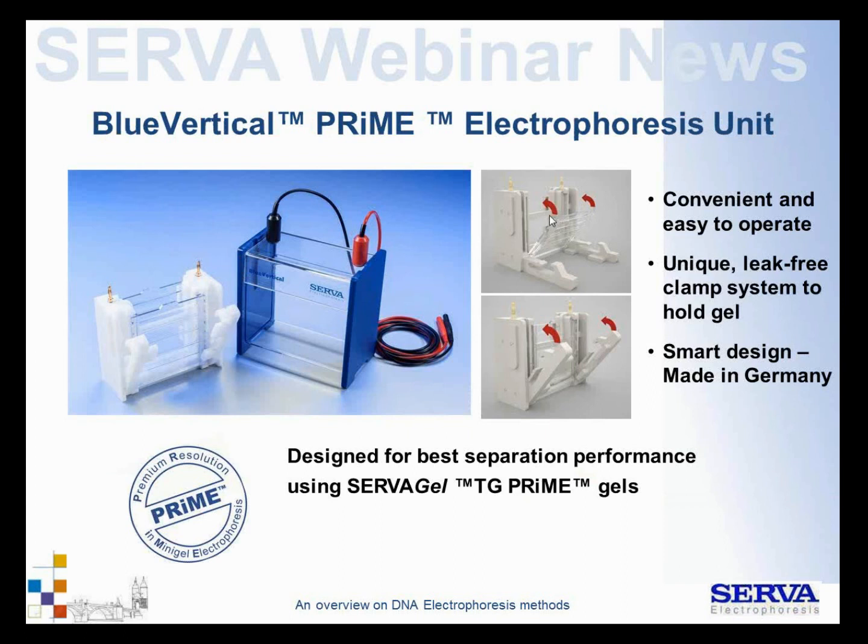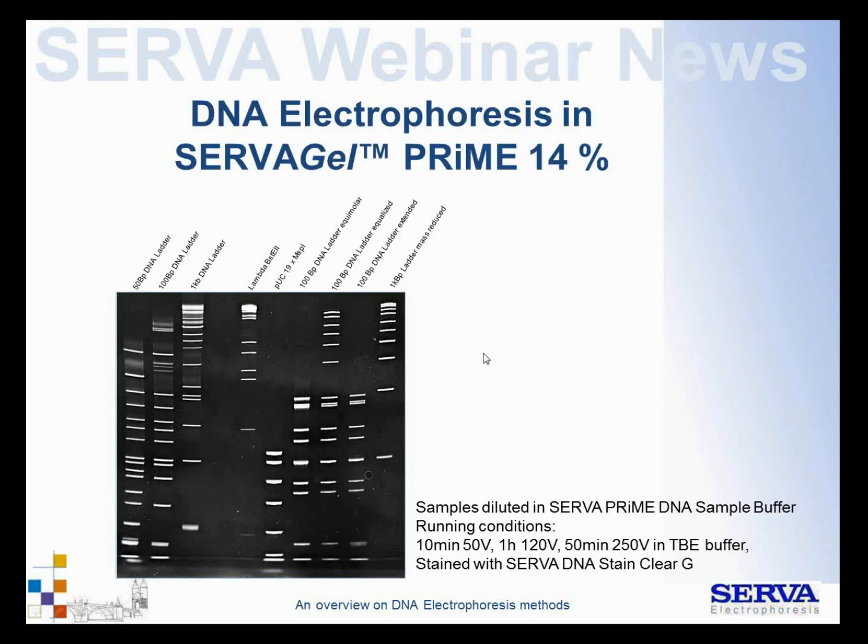Very easy to handle, so you can slide in ready-made gel cassettes and clamp them to the core of the chamber and get very nice separations. Here is one example, the SERVA GelPrime. This is a series of gels with different concentrations.